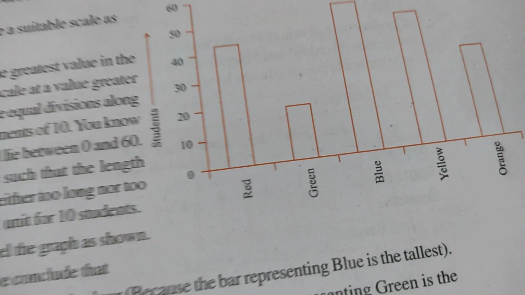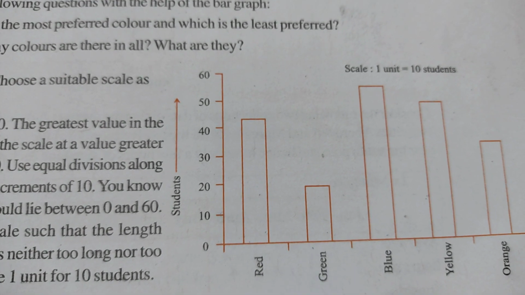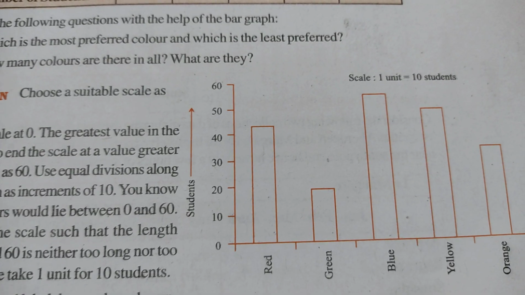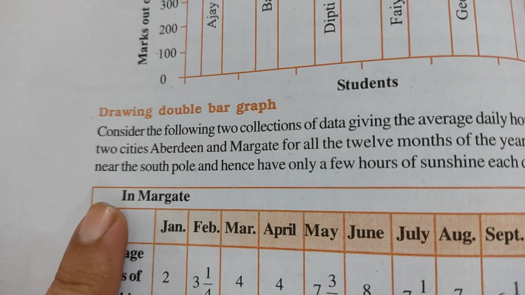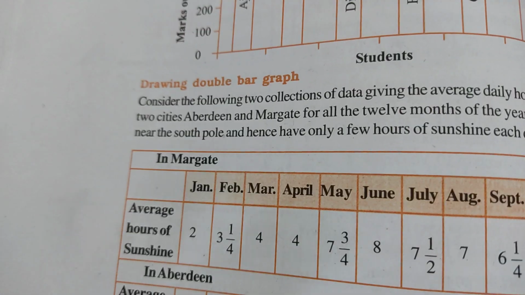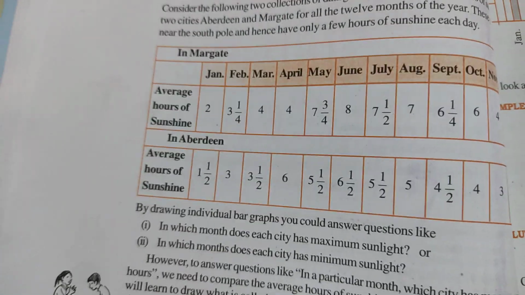Now students, in your class 5th and 6th, you have drawn these graphs. Now in class 7, we will draw the double bar graphs. Drawing double bar graph. Double bar graphs are drawn to compare the two quantities at the same time.